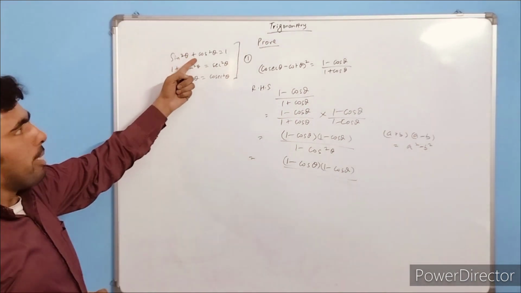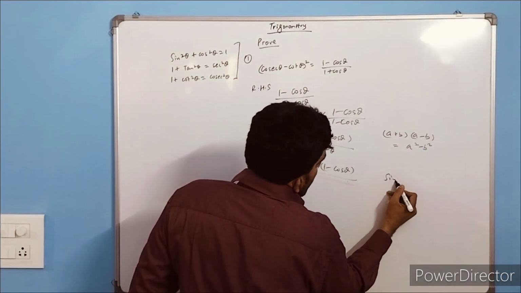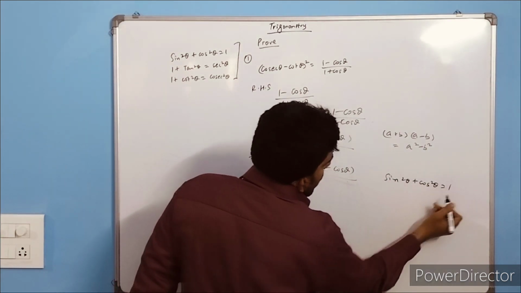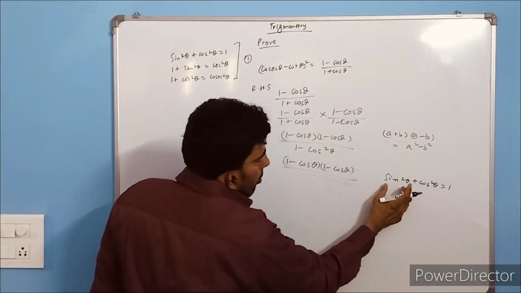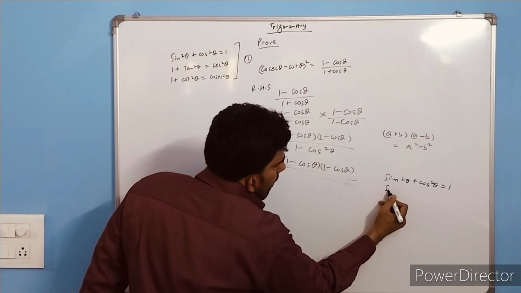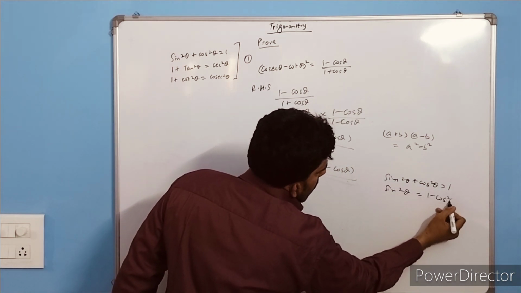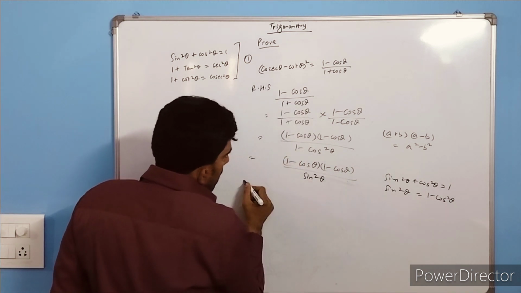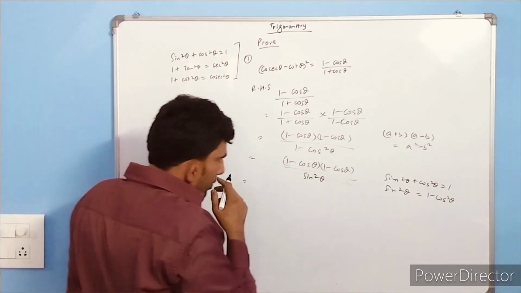By using the identity sin square theta plus cos square theta is equal to 1, 1 minus cos square theta is equal to sin square theta. So I will write here sin square theta.